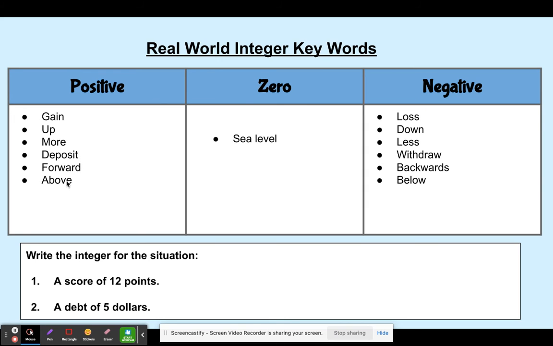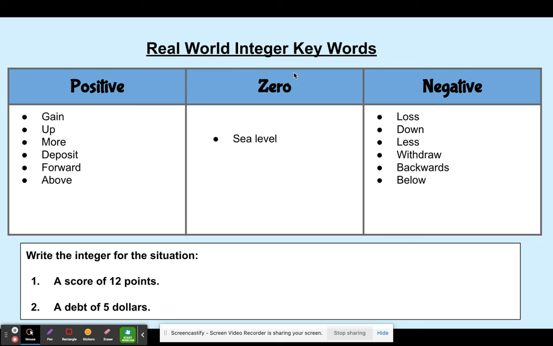Moving forward, above. All of these keywords have a positive or a plus connotation. Negative, loss, down, less. Withdraw, when you take something out of your bank account. Going backwards, going below. All of these have a subtraction or a negative connotation.